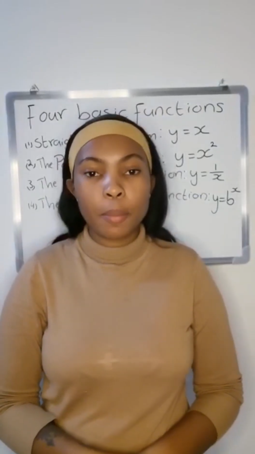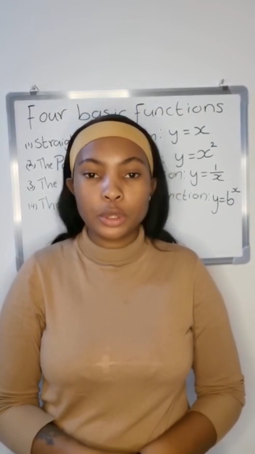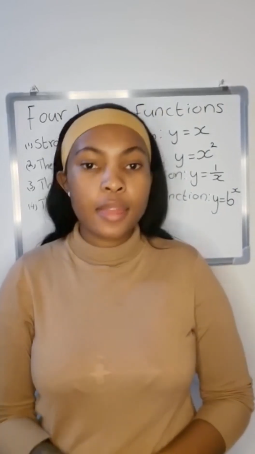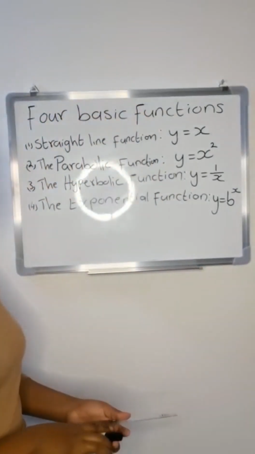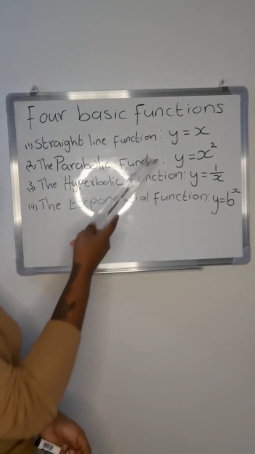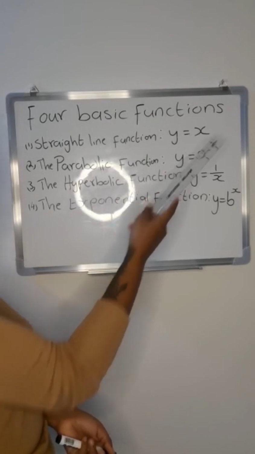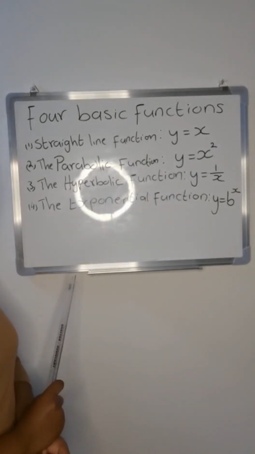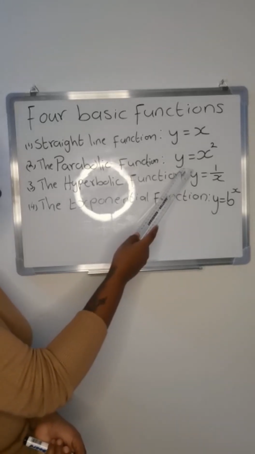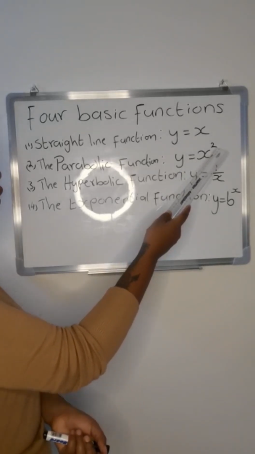So we have four basic functions that we are going to discuss in grade 10. The first function is the straight line function, which is defined as y is equal to x. Secondly, we have the parabolic function, which is defined as y is equal to x squared.